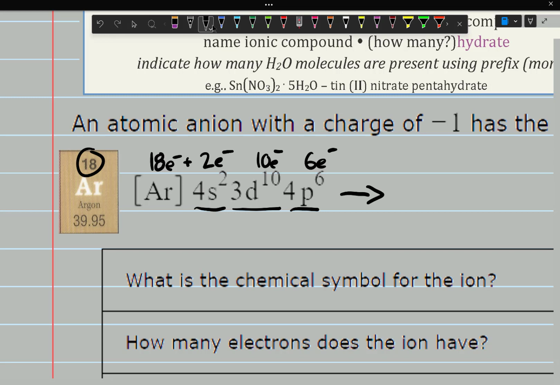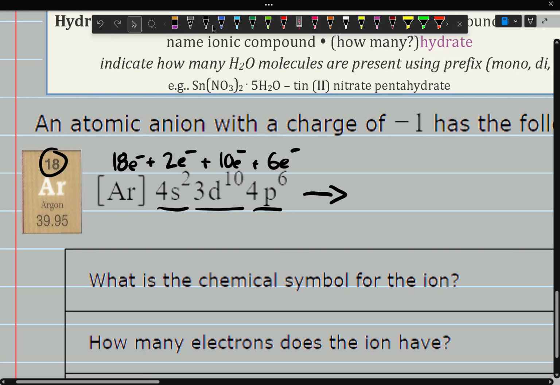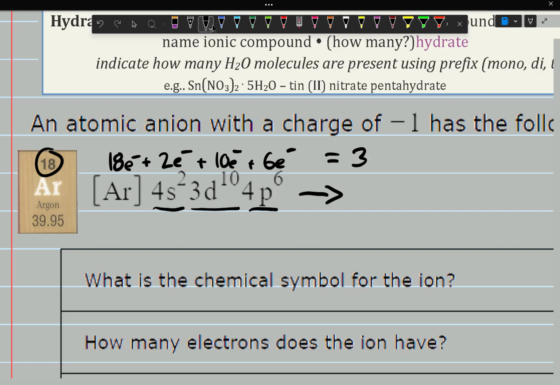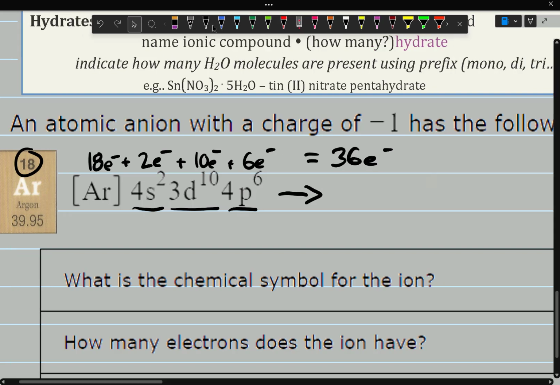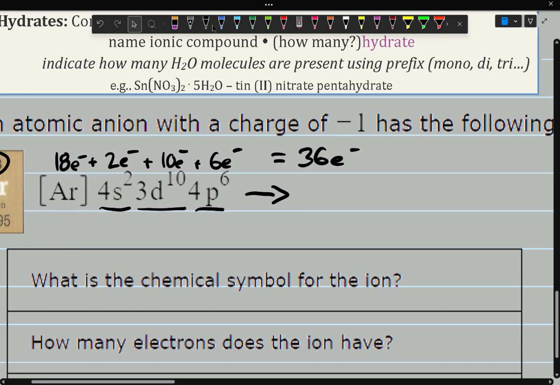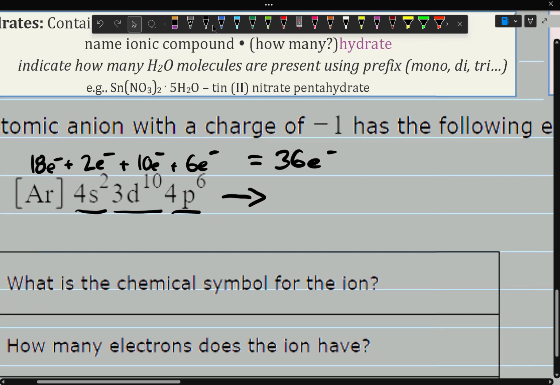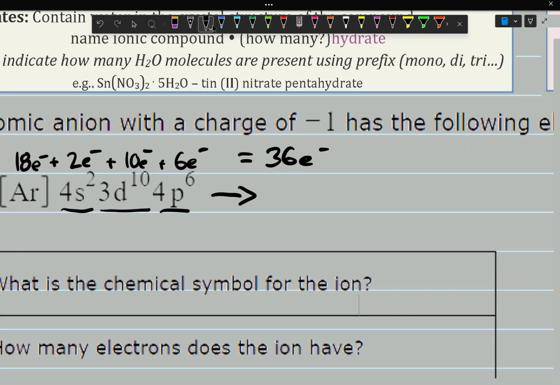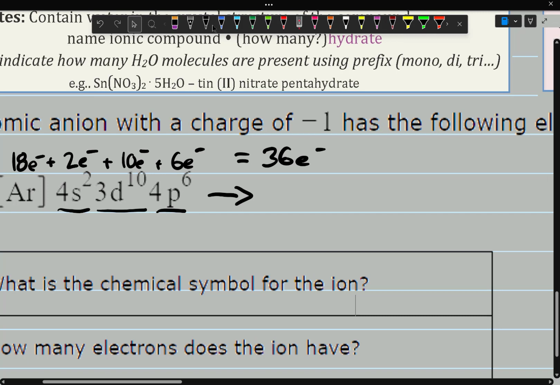So 18 plus 2 plus 10 plus 6 is equal to 36. So 36 electrons is how many electrons this element has.